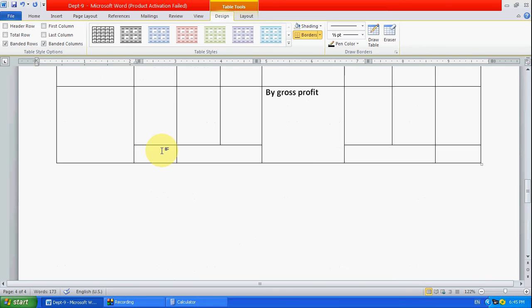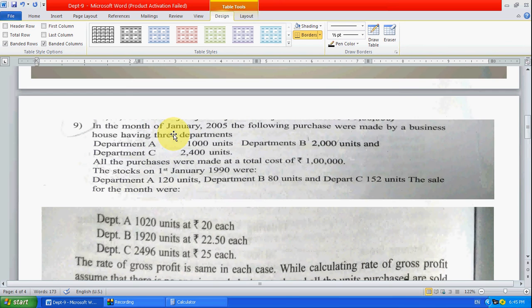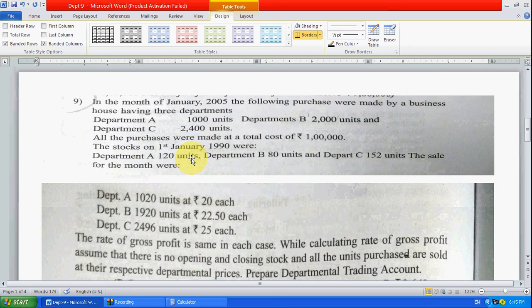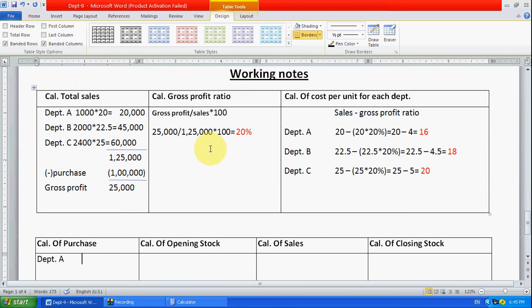See the units: for A 1000, B 2000, C 2400, and the prices we have just calculated here. From these prices we have to deduct the percentage, because these prices include gross profit. With the gross profit it became 20, 22.5 and 25.